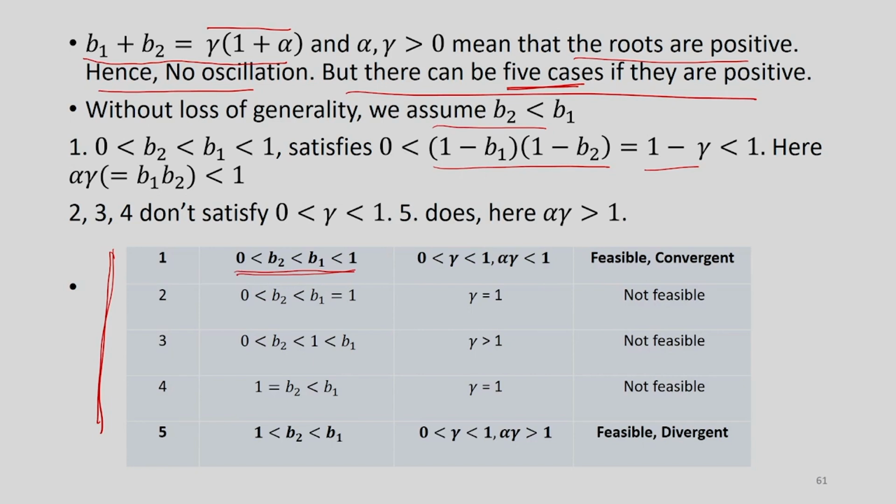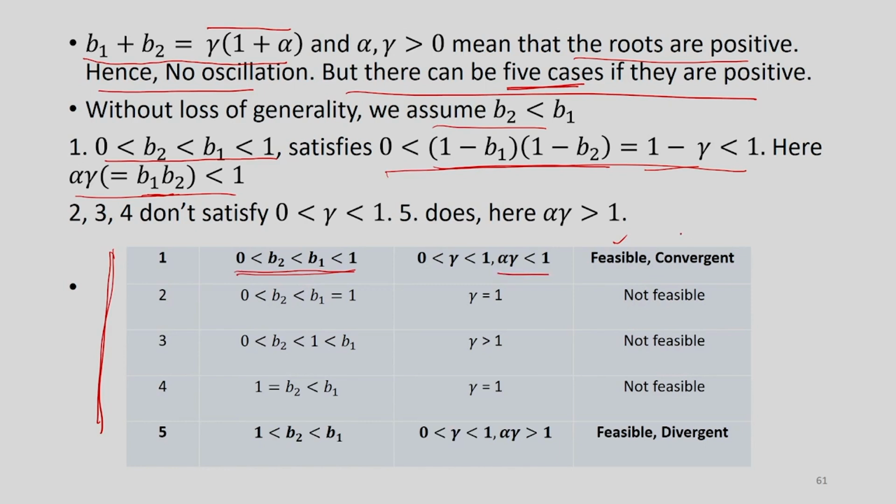Now, the product of these two, it is possible that it is lying between 0 and 1, which will satisfy this condition. So, this is feasible. And furthermore, we note that if this condition is satisfied, then the product of these two roots is going to be less than 1, and the product of these two roots is known to be alpha multiplied by gamma. So, here alpha multiplied by gamma is going to be less than 1.